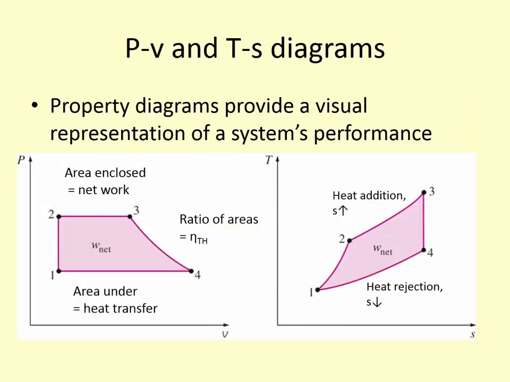We often use PV diagrams. The area enclosed on either a PV or TS diagram will give us the net work output, and then the area under that will be the heat transfer. On a TS diagram we have heat addition and heat rejection, and it shows us at a glance how much our entropy is increasing during any single process, which gives us an idea of irreversibilities.